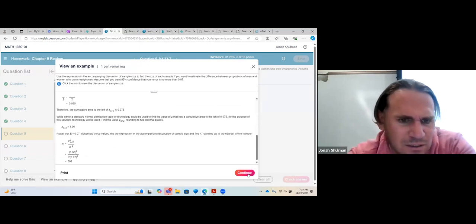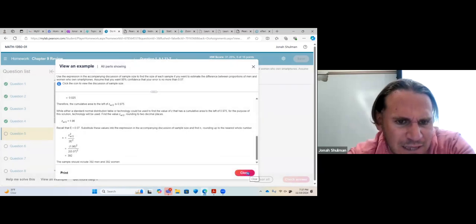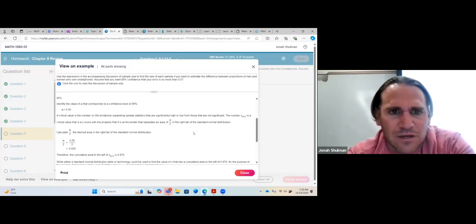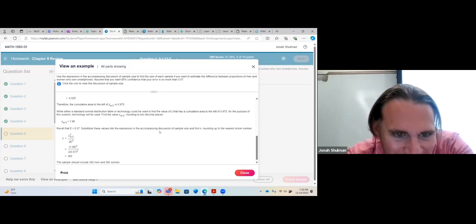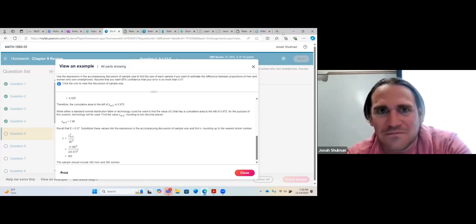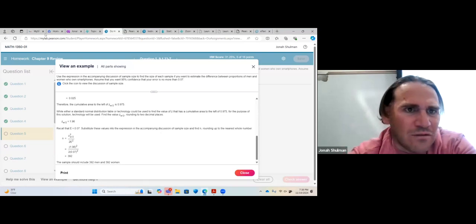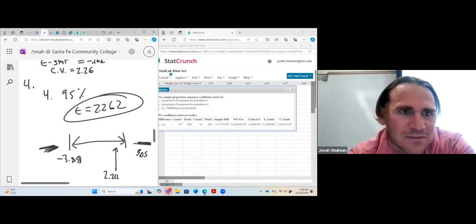So I have to do z squared alpha over 2 times error squared to get the n. All right. That's a lot. So I'm going to have to write that down. Thought I could do it all without writing a bunch of stuff down, but that's okay.